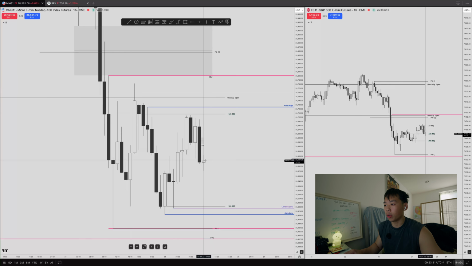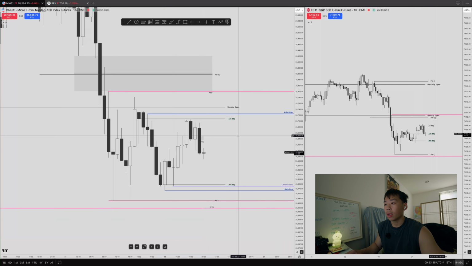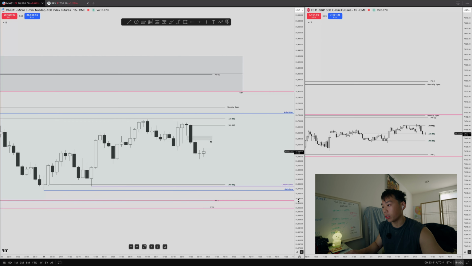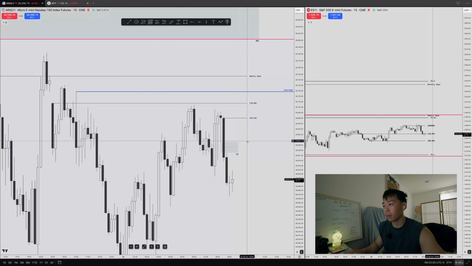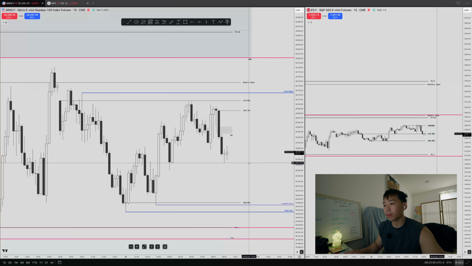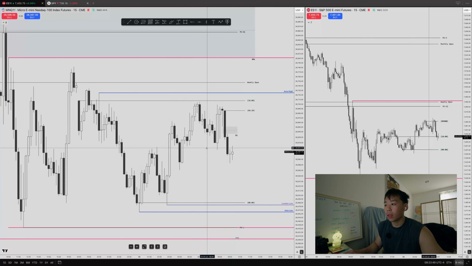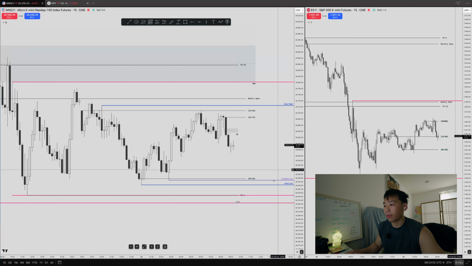But if price were to open high, we do have the 4 hour above, as well as this 1 hour rejection. And then coming to the 15-minute time frame, we do have a 15-minute gap here. Yeah. So that is pretty much what I have for today.